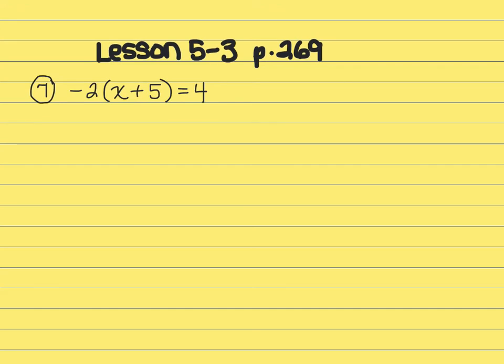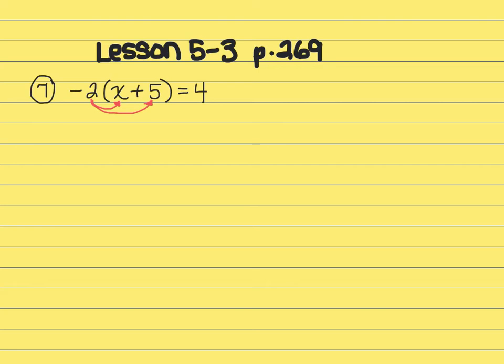First, I see parentheses, and there's nothing I can do inside those parentheses since x plus 5 are not like terms. Instead, I see that I have the distributive property because there's a number directly outside those parentheses that's being multiplied by the terms on the inside. So that's the step that we have to begin with.